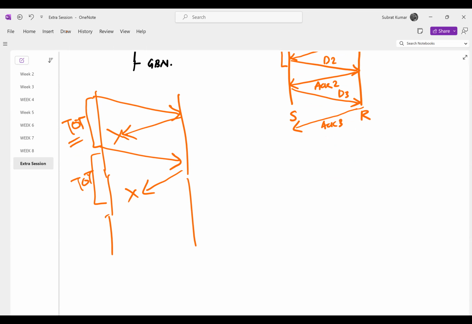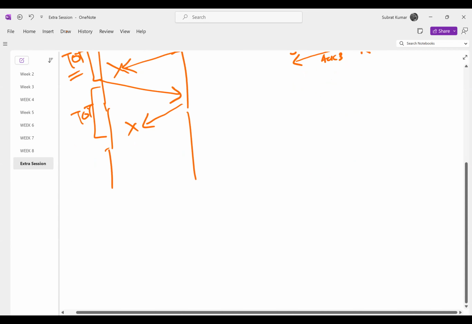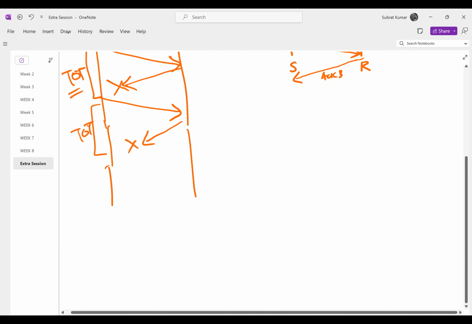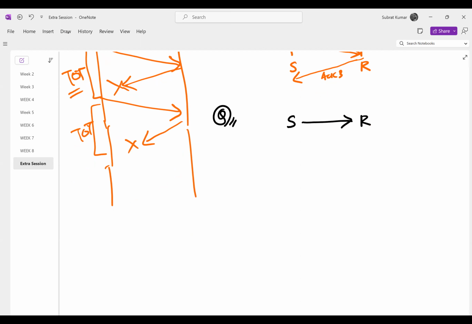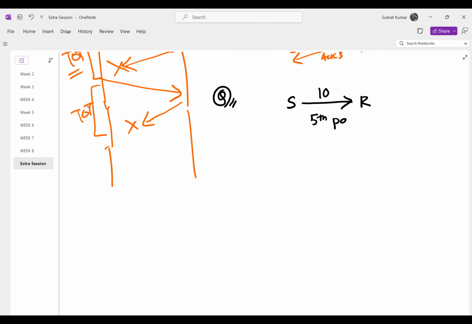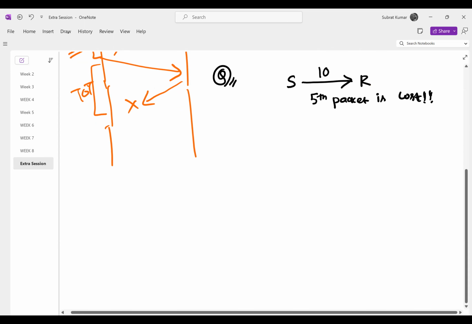Okay, so let's solve a question regarding this. The question says, let's say I'm using the stop and wait protocol to send data from sender to receiver, and I want to send 10 packets. Let's say every fifth packet is lost.